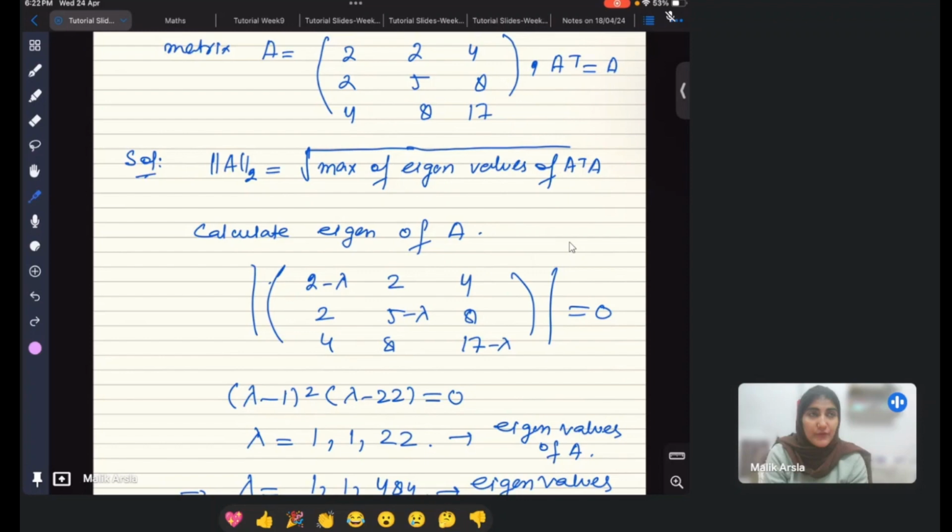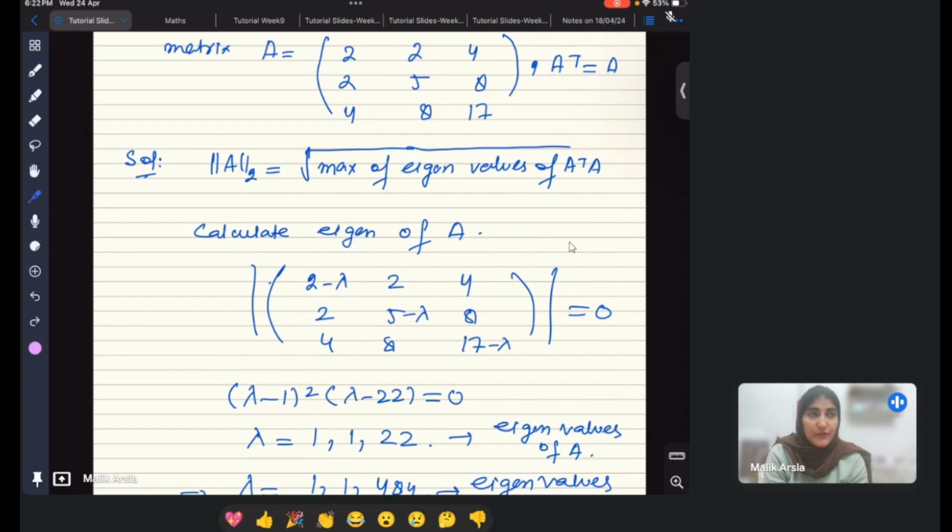I'll write it here. You write the determinant of A minus lambda I equal to 0, right? So from here you reach this matrix: 2 minus lambda, 2, 4; 2, 5 minus lambda, 8; 4, 8, and 17 minus lambda.